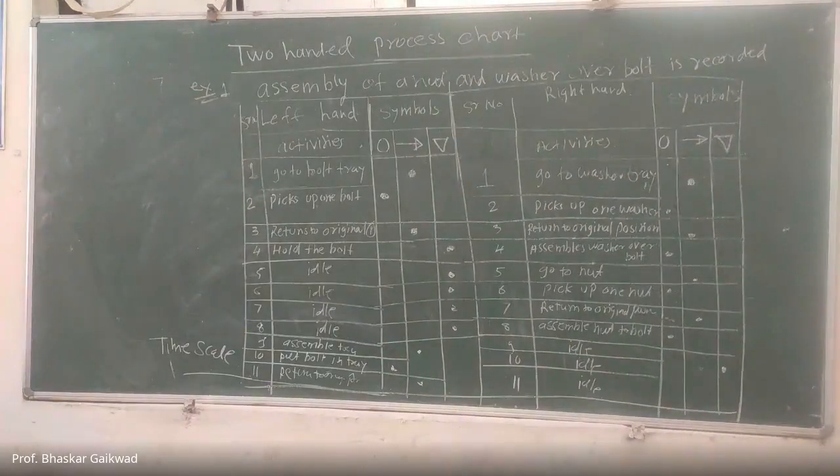So whenever the assembly is this, then we have to make the representation of movement of our right hand side and left hand side. Now I will join this dot. So this dot will be there.